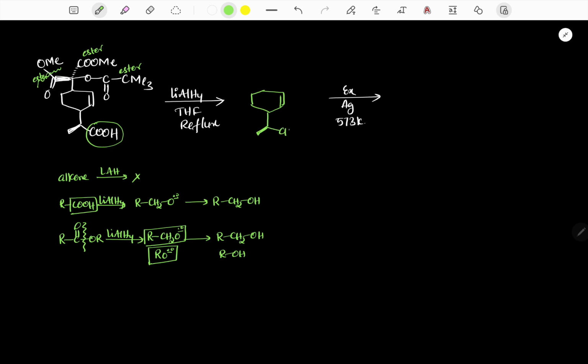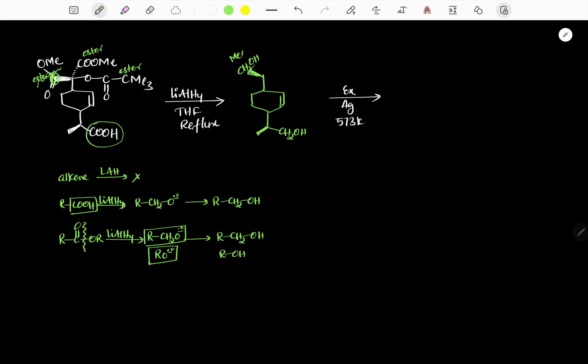The acid part is reduced to primary alcohol. Here above the plane, this carbon part is reduced, therefore CH2O minus, acidification gives CH2OH, and methanol is the leaving group.